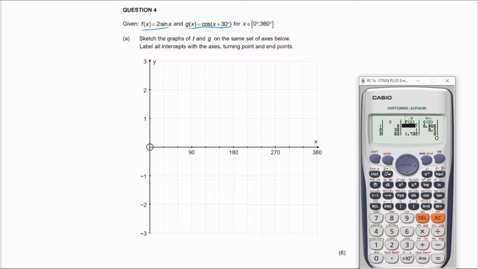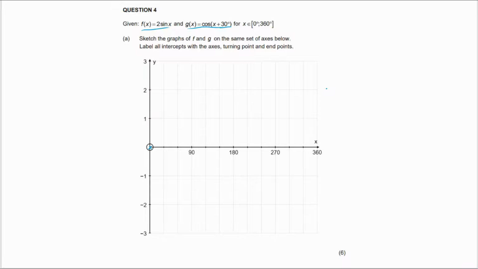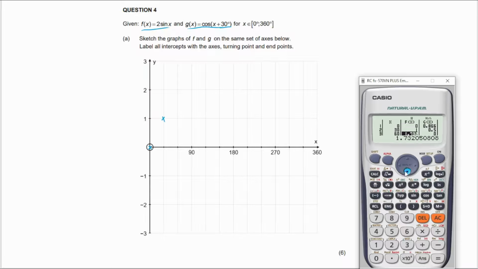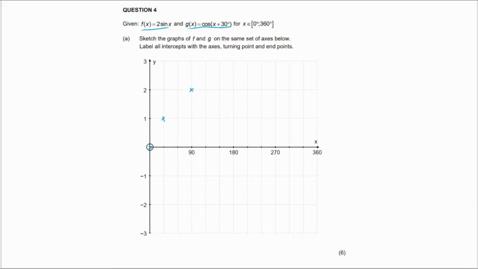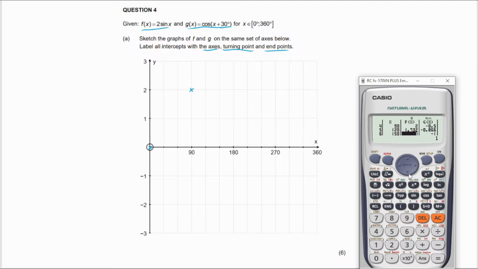Remember this f of x is 2 sine x, so let's plot that one first. We got 0 and 0. We're going to have 30 and 1. All right, and then we're going to have 90 and 2, so that's an important one. Technically we don't even need the 30 one, because remember we just need to plot the turning points, intercepts with axes, and endpoints. The next important point is 180 and 0.